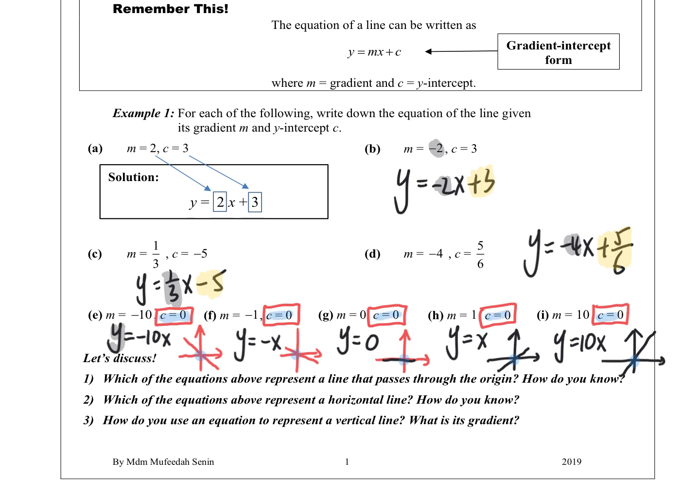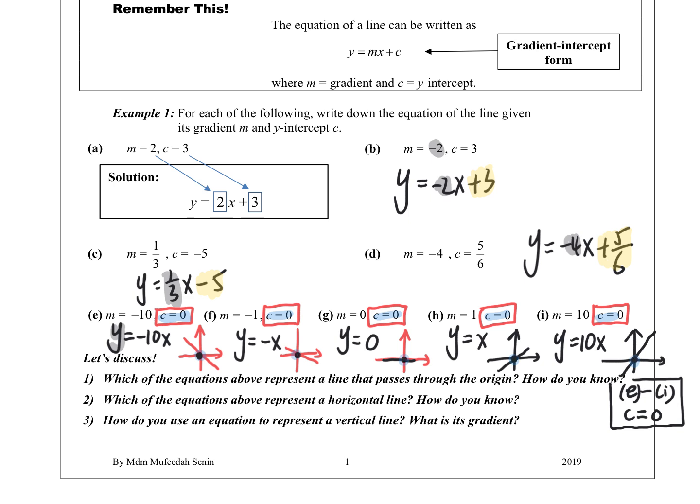Okay, so they ask you which of the equation above represent a line that passed through the origin. So if you look, actually all the equation from E to I, because C is equal to 0. So when C is equal to 0, it cuts the y-axis at 0.